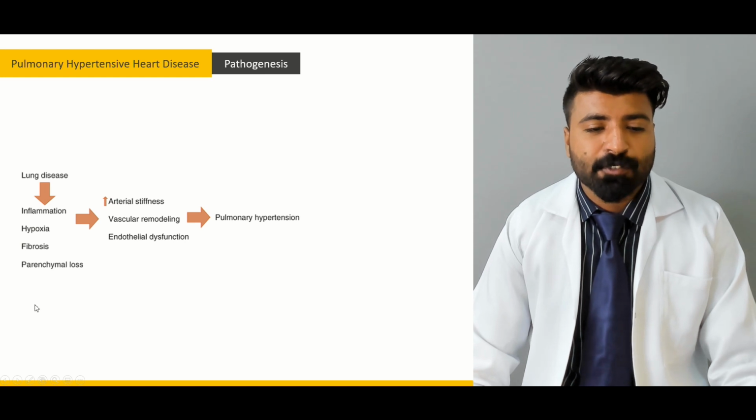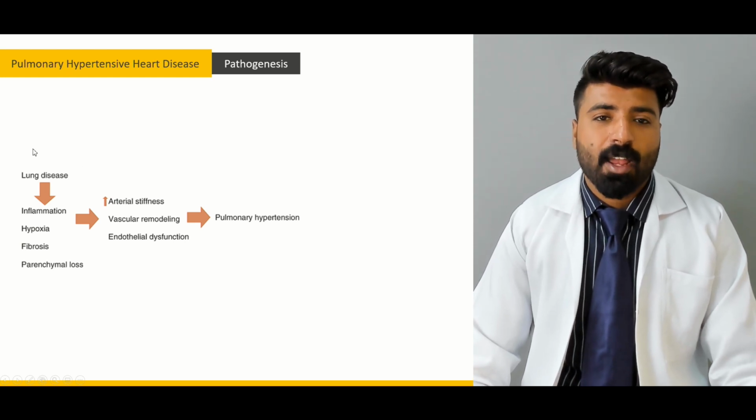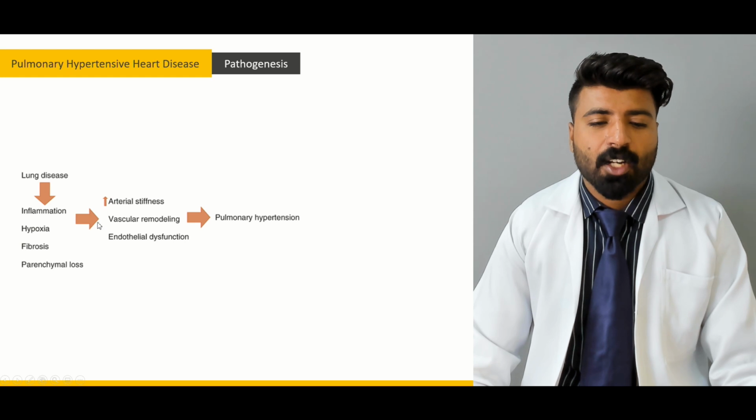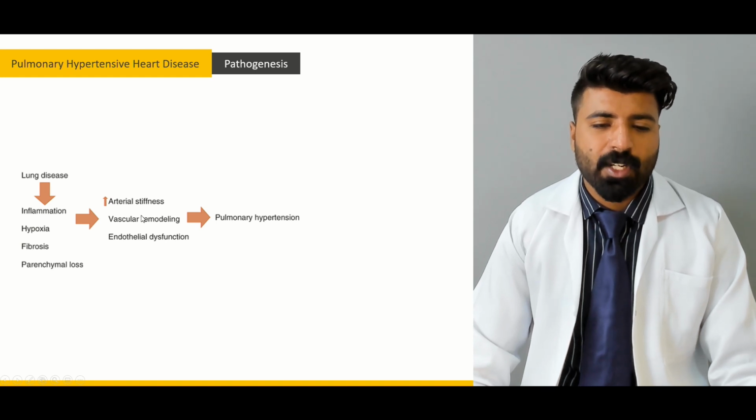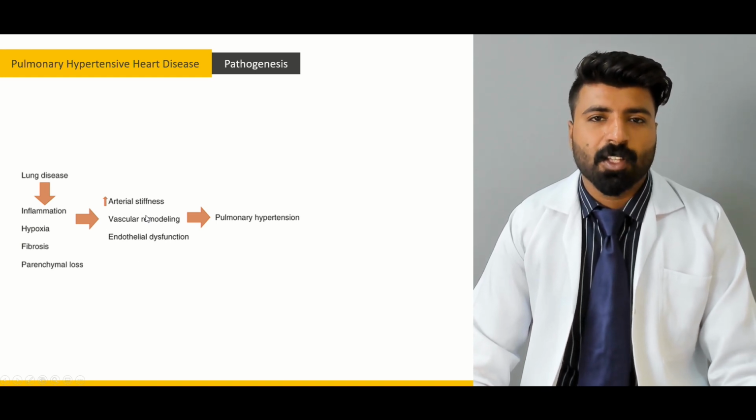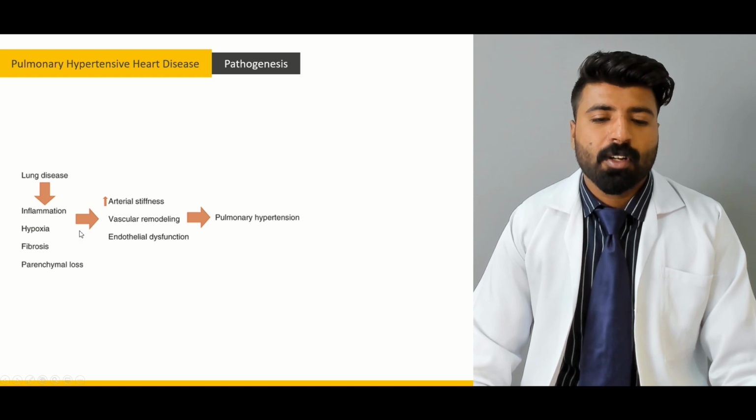Now all of these four factors, which happen because of a lung disease, are going to affect the pulmonary vasculature. Arterial stiffness will go up, vascular remodeling will happen, and endothelial dysfunction will happen.